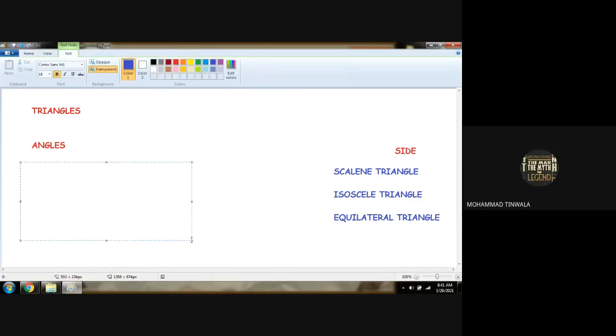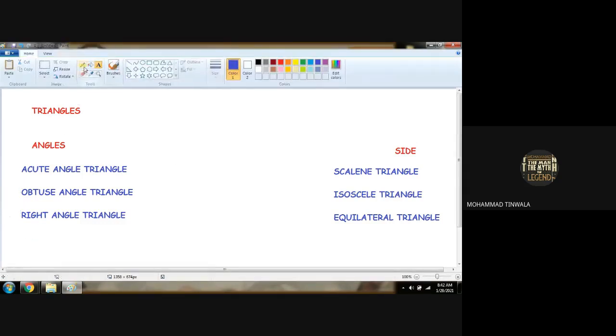Very good. Acute angle triangle, obtuse angle triangle, and the last is right angle triangle. Your angles criteria is over. Your triangle is very much clear; I haven't even explained yet and you already know. Very good, beta. So you can easily get this.